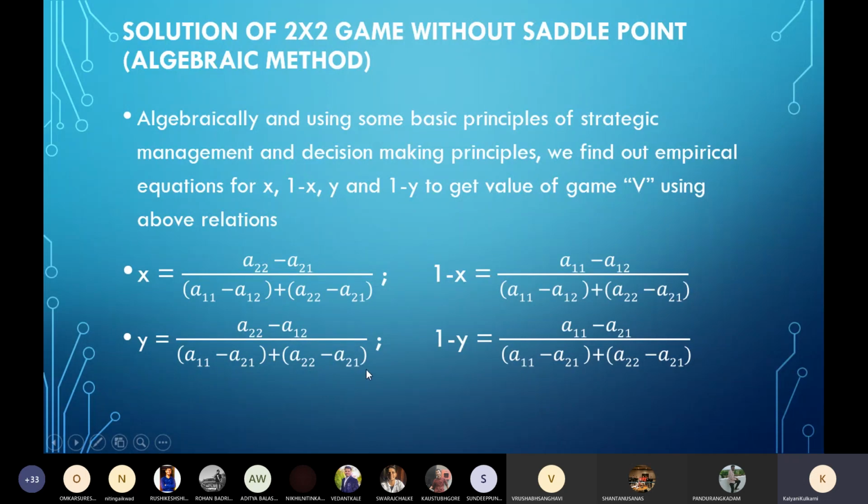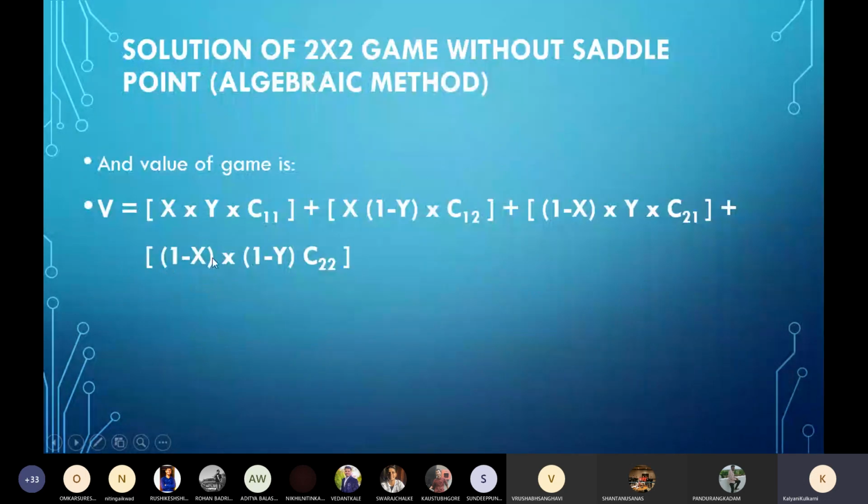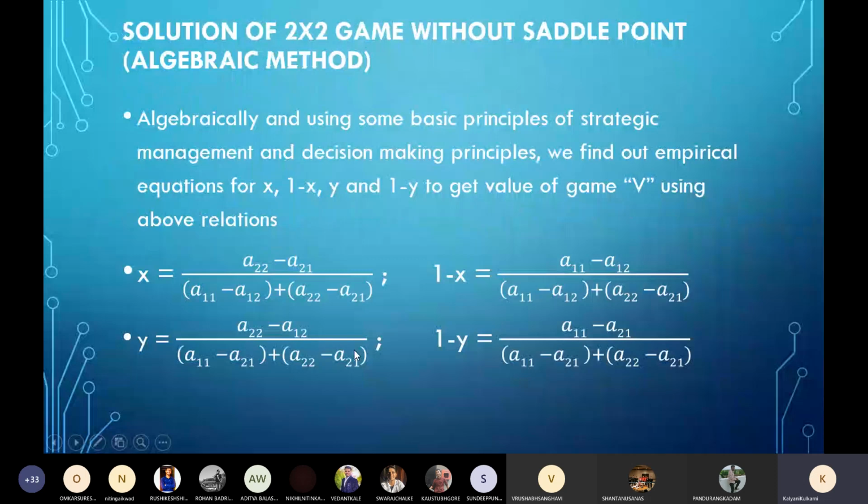It is a22 minus a21. So if you remember this, you can automatically go for 1 minus x, 1 minus y, and eventually the value of game is given by this value. But first note down this particular value of x and y, 1 minus x and 1 minus y. Quickly note this down.